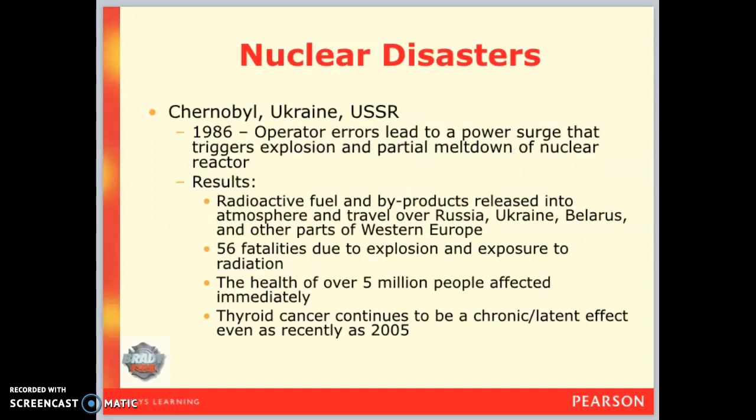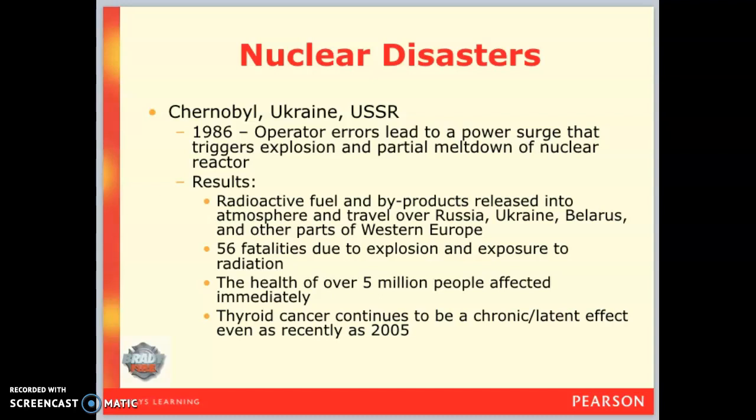Probably the most common and most well-known nuclear disaster happened in Chernobyl, which was part of the Ukraine in the USSR in 1986. Now, a lot of things were going wrong at the Chernobyl disaster. We have neglect, we have an aging nuclear reactor, we have an understaffed population, and ultimately the last pin in the grenade to be taken out was there were operator errors, and that leads to a power surge.